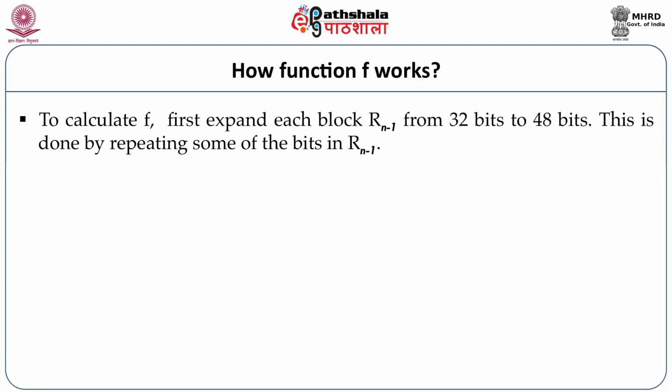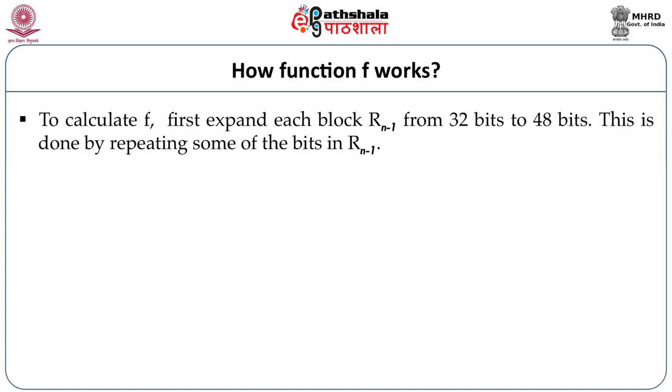To calculate f, first expand each block of the Rn minus 1 from 32 bits to 48 bits. Why do so? Because our key is of 48 bits and the right half which we have generated is of 32 bits. So exclusive OR cannot be performed with 32 bits and 48 bits.